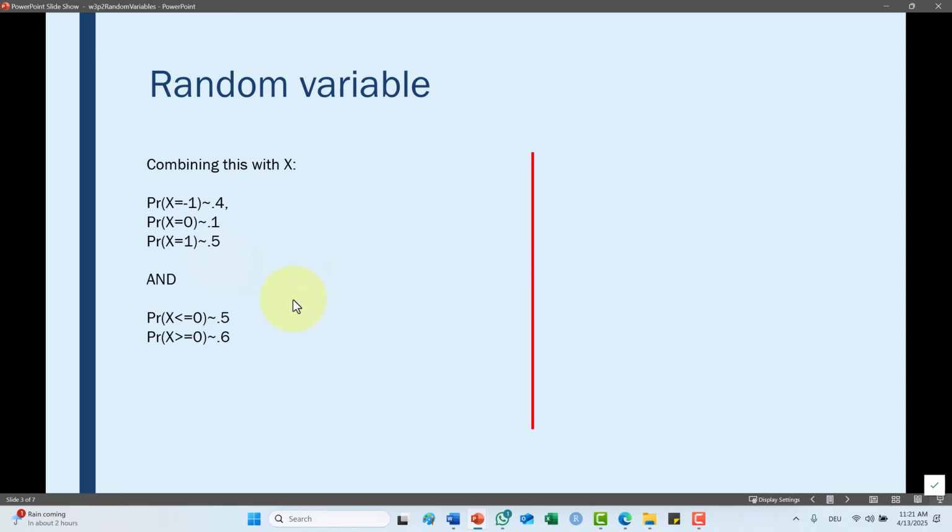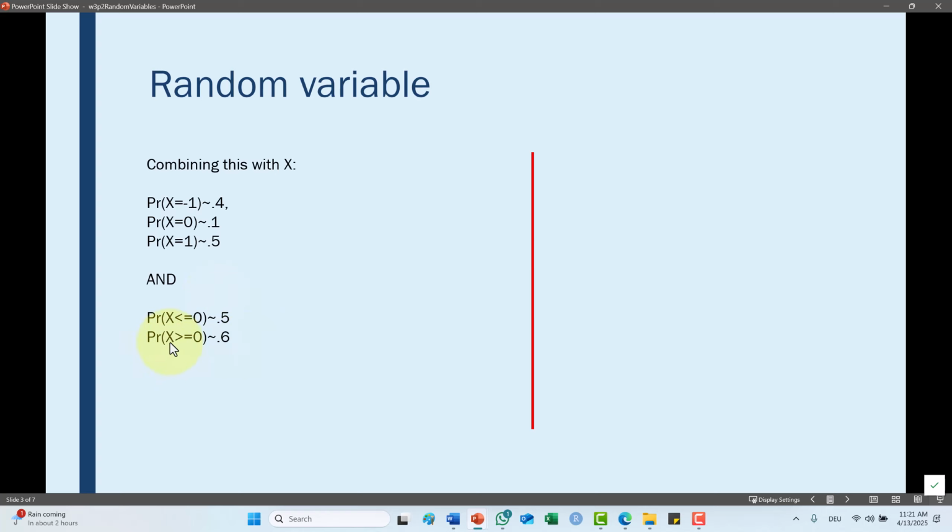And obviously, we can combine these events to generate secondary ones. For example, the probability that X is smaller or equal to 0. When we say that X is smaller or equal to 0, there are two values for X included in this event, X equals -1 and X equals 0. Therefore, we add these two probabilities. 0.4 plus 0.1 is 0.5, which is 50%.